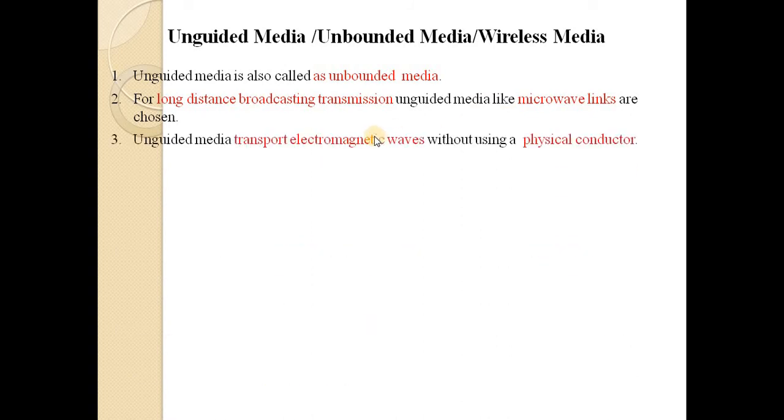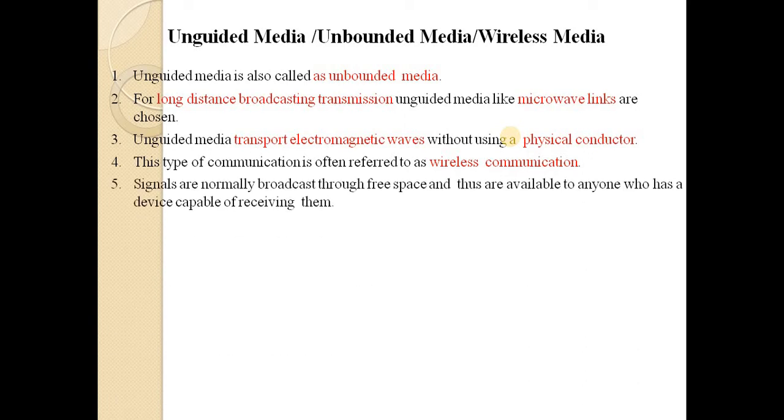Next point is the unguided media transports the electromagnetic waves without using a physical conductor. For transporting electromagnetic waves, it cannot use a physical conductor. This type of communication is often referred to as wireless communication.